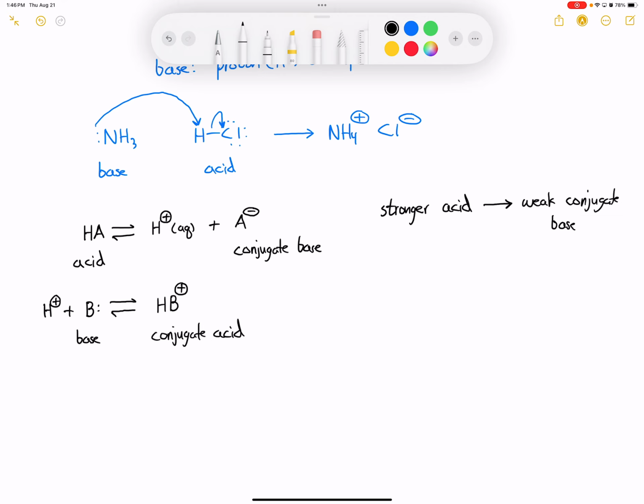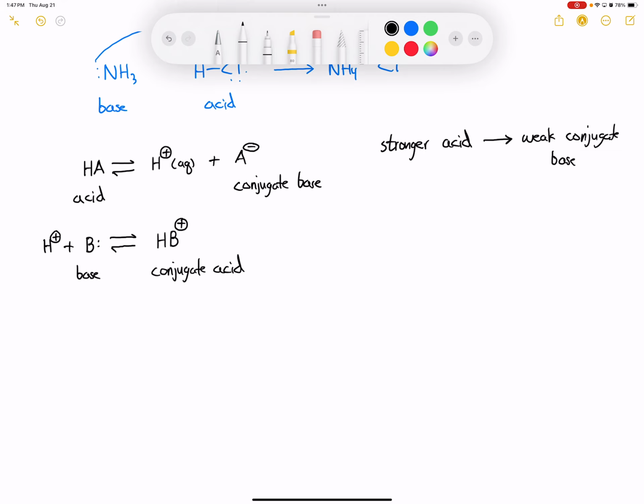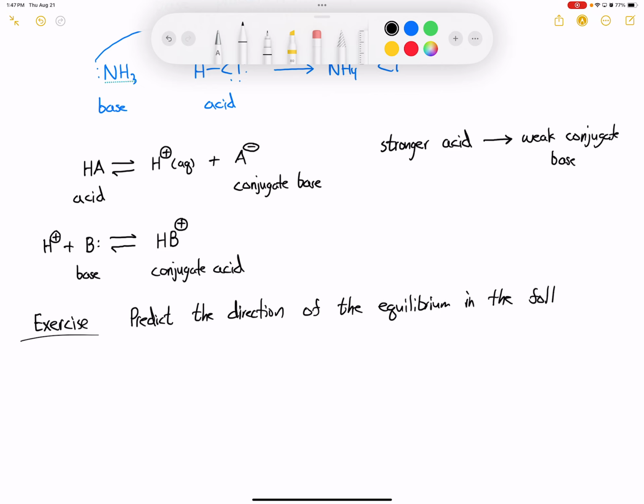All right. So a common question they teach you is you should be able to explain. Here's an example. Let's do the exercise here. Predict the direction of the equilibrium in the following reaction.